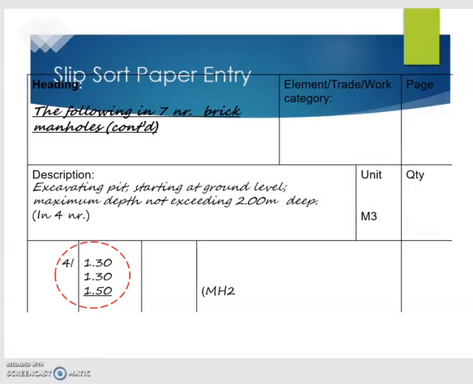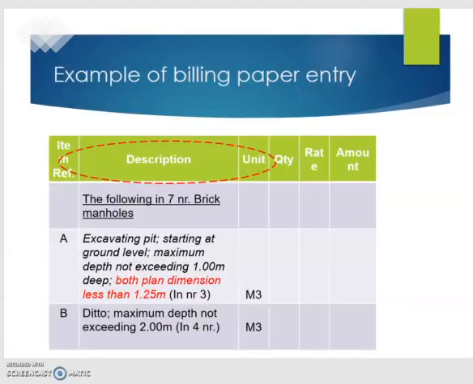Okay, excavation pit. Here we have 7 numbers, but here 4 numbers, why? Because they have a different size of manhole. Okay, description, you should have the heading, and then you need to mention the dimension of your manhole, and how many numbers in your PQ.